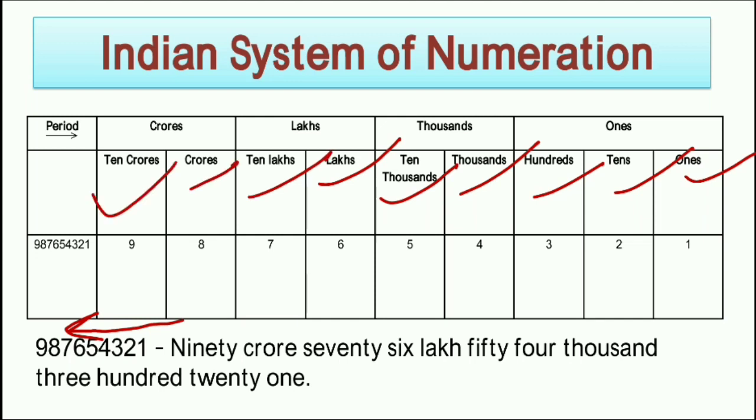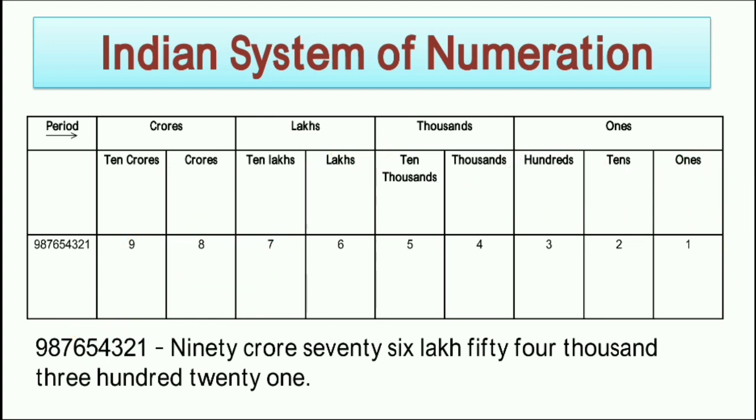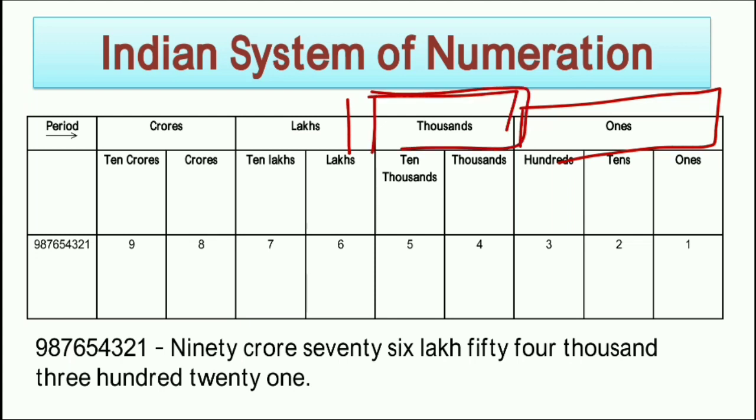Got it? So these places have been written separately. Actually the digits are grouped. Numbers are divided into many groups. Those groups are known as ones, and then thousands, lakhs, crores.